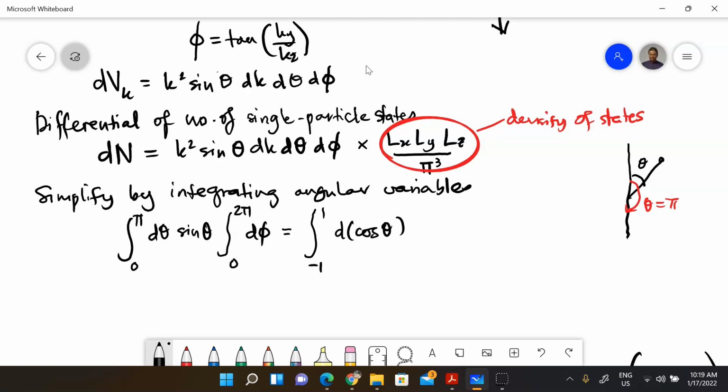But then there is another negative sign, because the differential of cos theta is minus sine theta, so this will be minus of that. Then you flip the integral limits, and that gets rid of the negative sign. So this equals that. Essentially, you integrate phi, you get 2 pi, you integrate this, you get 2, so 2 times 2 pi is 4 pi.